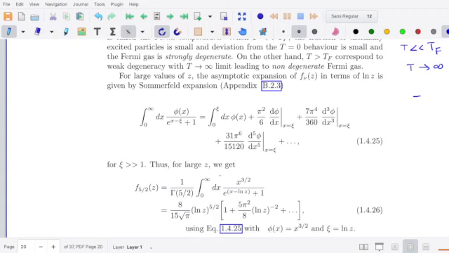Now, for large values of z, the Fermi-Dirac function f_{5/2}(z) is given by 1 over gamma(5/2), an integral from 0 to infinity dx x^{3/2} over e^{x - log z} + 1.